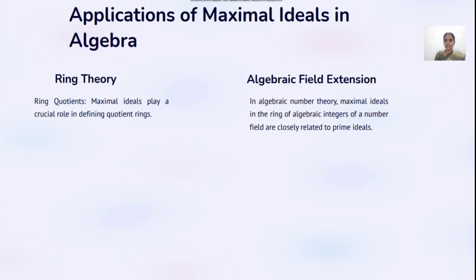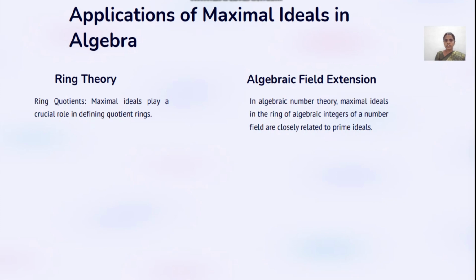Maximal ideals play a crucial role in defining quotient rings. Given a ring R and a maximal ideal M, the quotient ring R by M is a new ring that captures essential properties of R while factoring out elements in M. This construction is fundamental in abstract algebra and has applications in algebraic geometry, algebraic number theory, and coding theory.